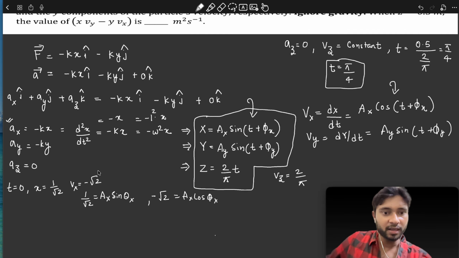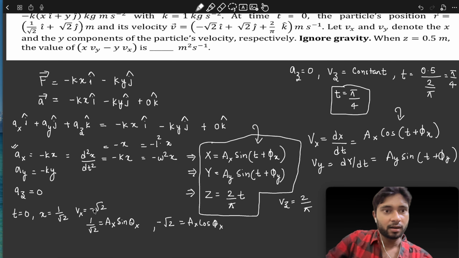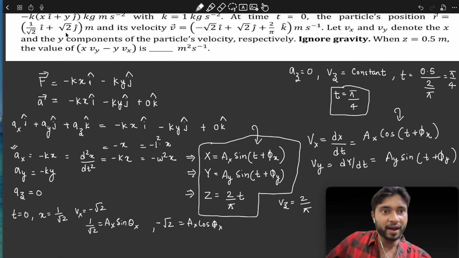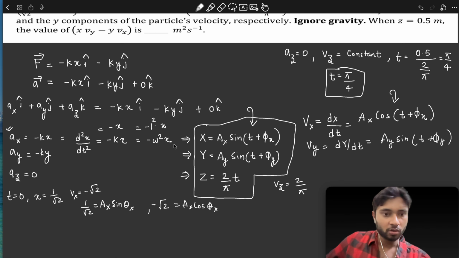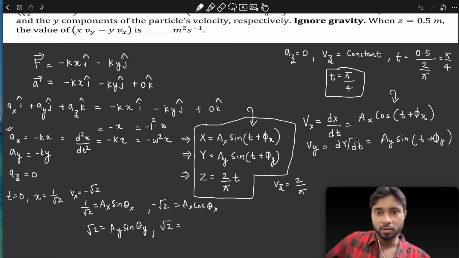Let's do the same thing for y. At t equal to 0, the y coordinate was root 2 and the velocity was also root 2. So root 2 is equal to ay sine phi y, putting t equal to 0. Similarly, root 2 is equal to ay cos phi y.